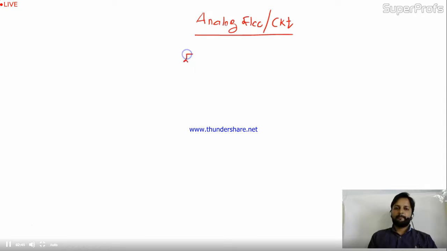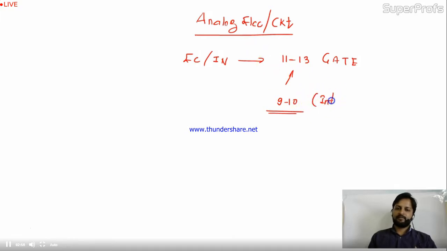For EC and instrumentation, we get 11 to 13 marks every year in GATE from analog circuits. It's very easy to get 9 to 10 marks out of it, because analog circuit is a very interesting subject, and easy as well, right?